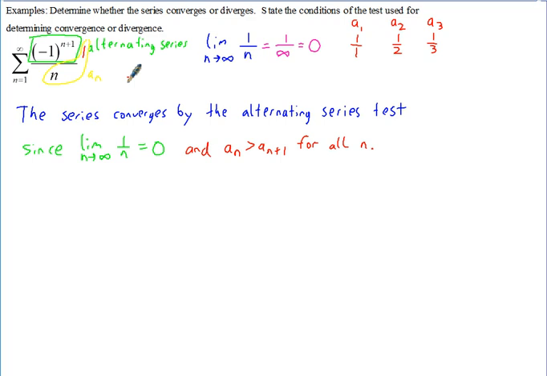We should probably establish that a sub n, just to be clear on this, is 1 over n.